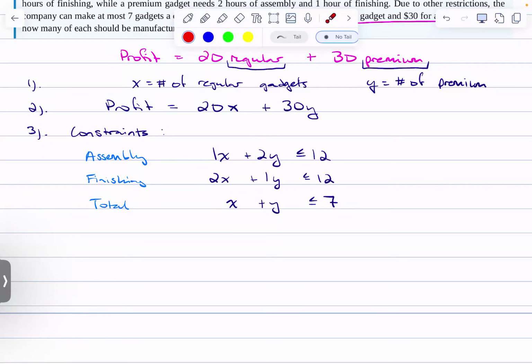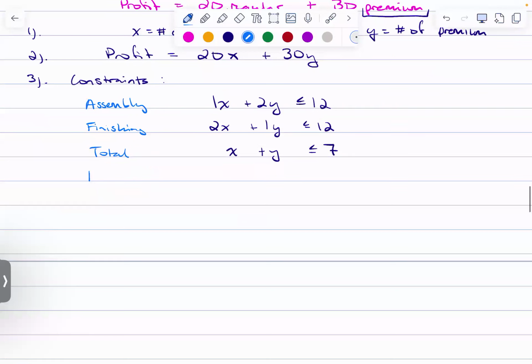What's another thing? I can't produce a negative number of gadgets. This one is just to make our job a little bit easier. You must produce a positive number of gadgets, which means x has to be greater than or equal to 0, and y has to be greater than or equal to 0.